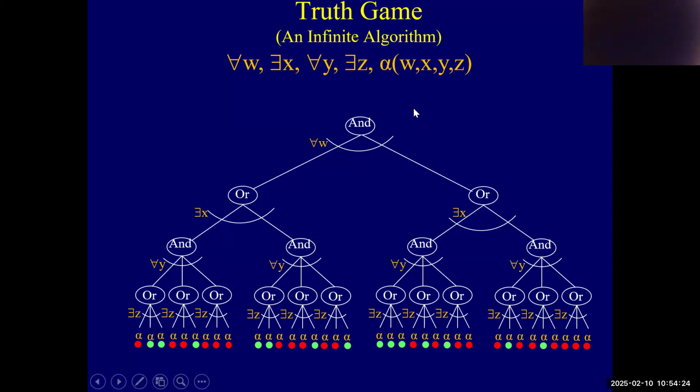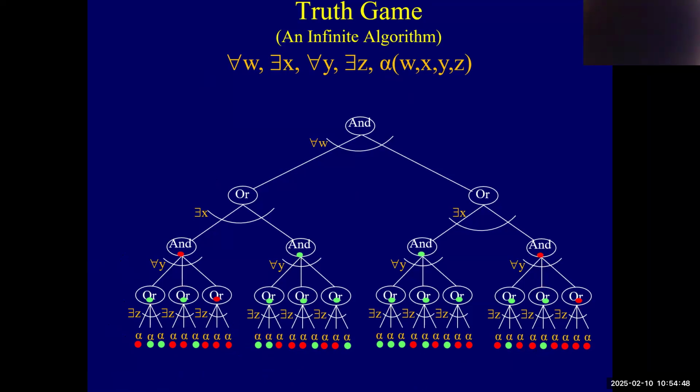So now I can see, is alpha true on those values? Here, for each path, we write down whether alpha is true or not. And then the OR says, is one of them green? Here none of them are green, so we get a red.